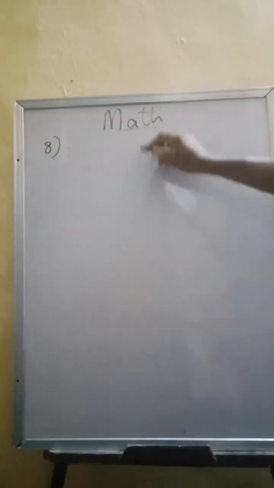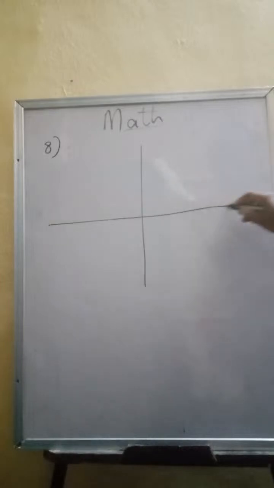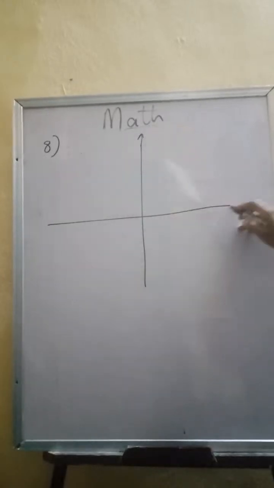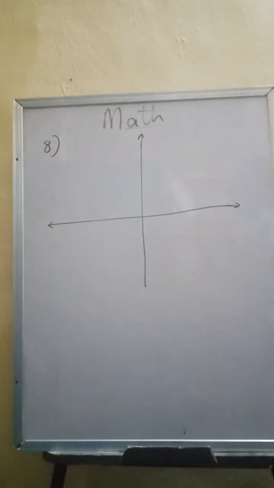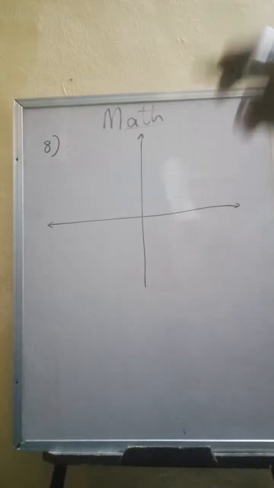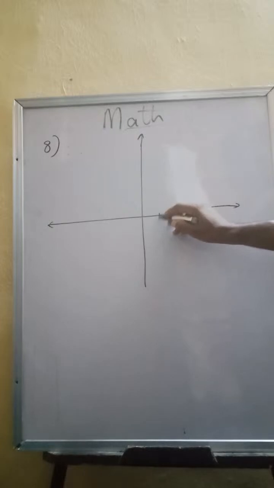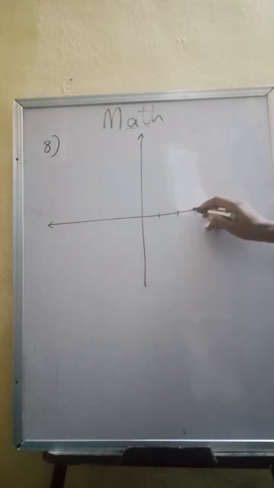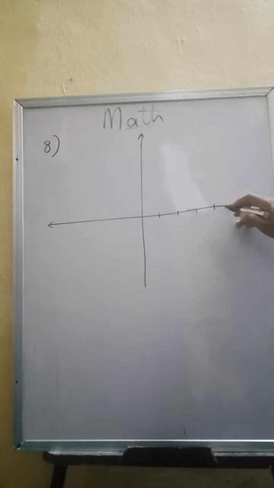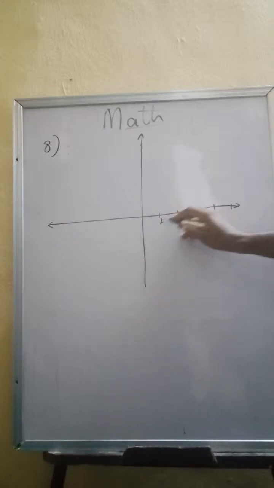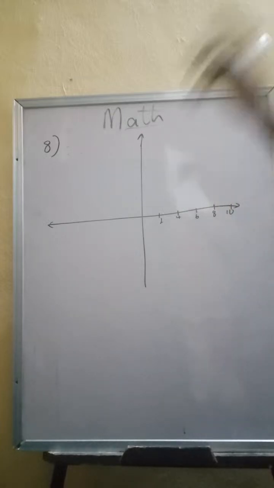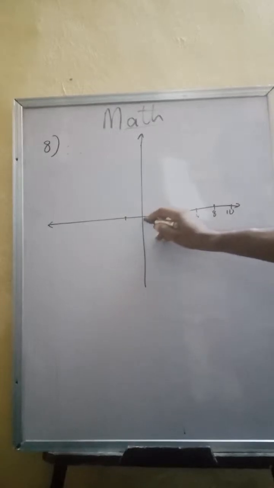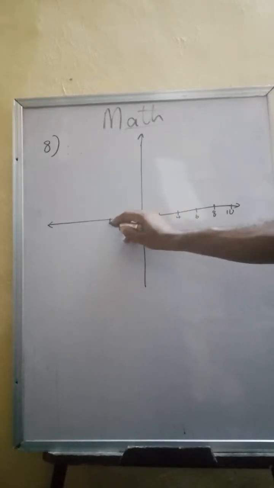Now let's have our graph this way, the Cartesian plane. Let's calibrate it. On the x-axis, I'll call this 2, 4, 6, 8, and 10. The 0.